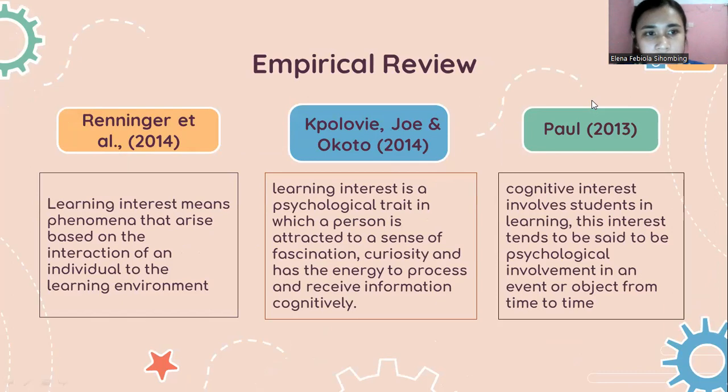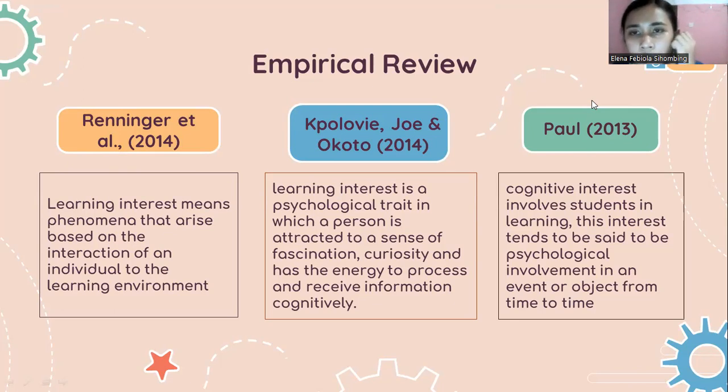They state that learning interest means phenomena that arise based on the interaction of an individual to the learning environment. Meanwhile, Polovi, Joe, and Okoto in 2014 say that learning interest is a psychological trait in which a person is attracted to a sense of fascination, curiosity, and has the energy to process and receive information cognitively.